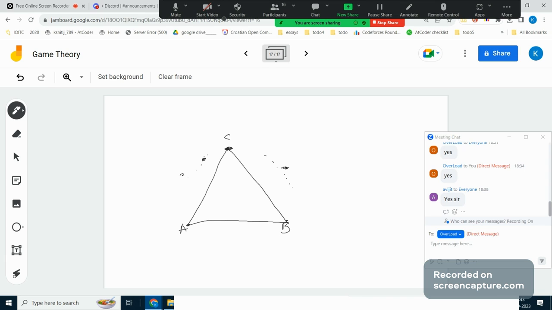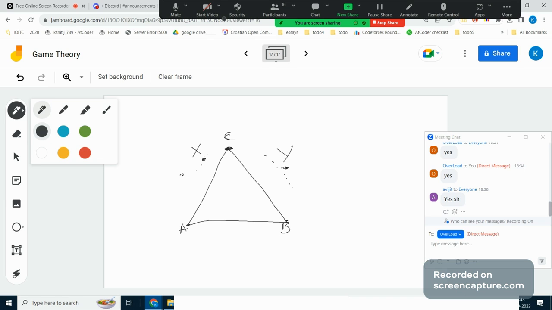So now let the neighboring two be X and Y. CAB is the triangle, X is between A and C, and Y is between C and B. This must exist, else they are two consecutive ones. There must be a vertex C such that, of course it's possible that it's not C but A or B, so you can just rotate the triangle in that case.